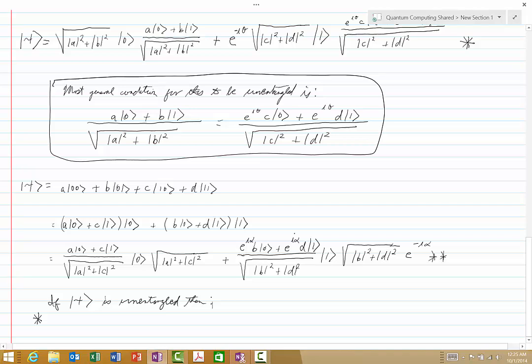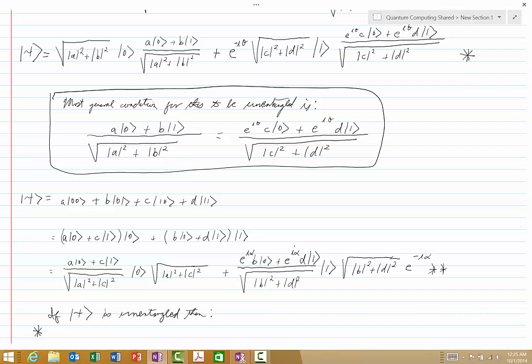Well, the first equation star would imply that the probability of A, remember that's the probability that Alice measures 0. Well, we go up to equation star, and this equation star implies that the probability that Alice measures 0 is simply magnitude of a squared plus the magnitude of b squared.